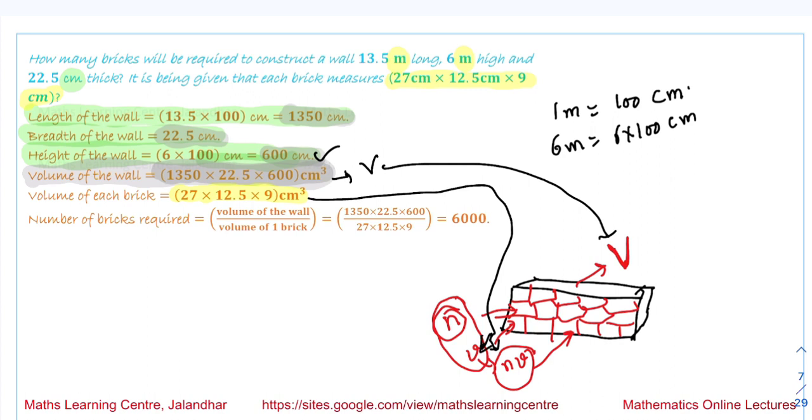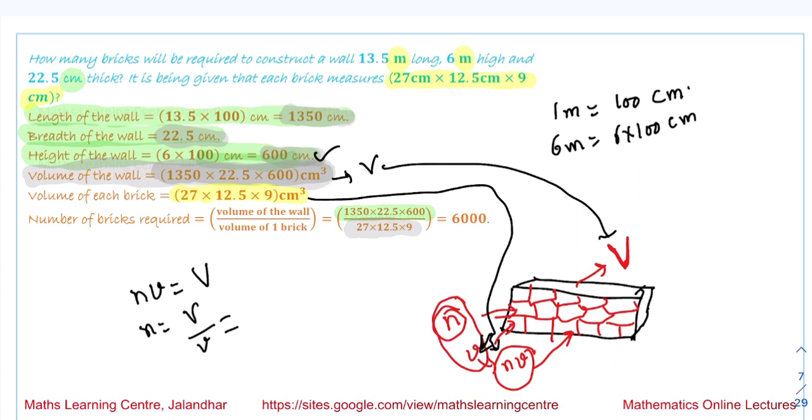So what we have is that n into v should be equal to capital V. We want to calculate the value of n. So n is equal to capital V over small v. Capital V we have is 1350 into 22.5 into 600, and small v we have is 27 into 12.5 into 9.